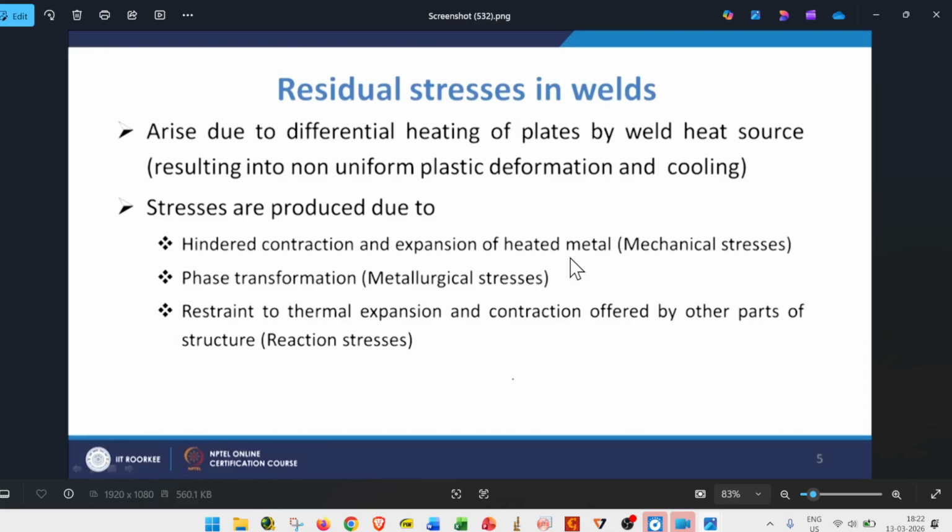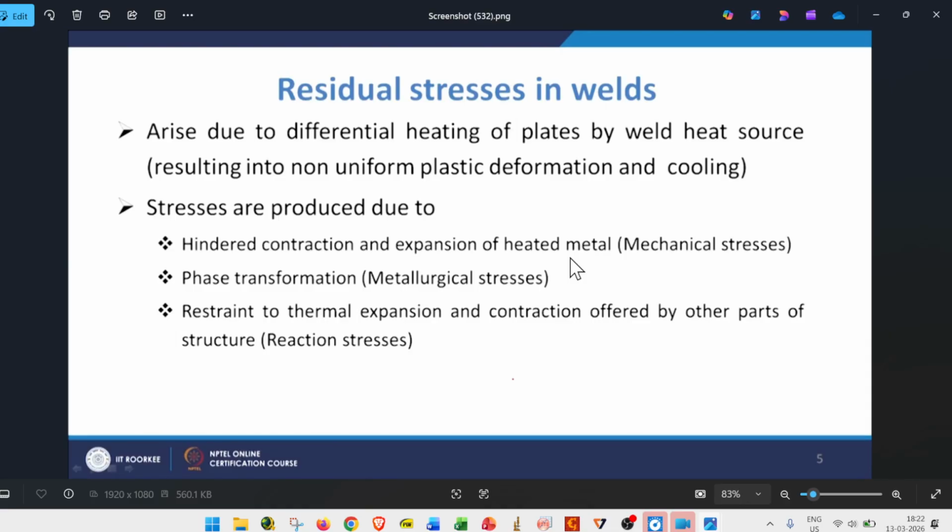Next is phase transformation. If some phase is changing from one to another, and the phases have different volumetric expansion, that will generate a larger amount of stress. Then there is restraint of the thermal expansion and contraction offered by other parts of the structure.